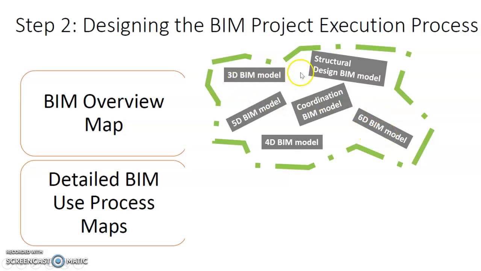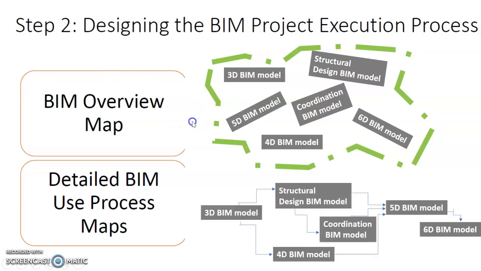So in this simple example, I've shown, say, 6 different BIM uses. So in step 2, what you need to do is to arrange all these different uses into a proper sequence, for example, something like this.